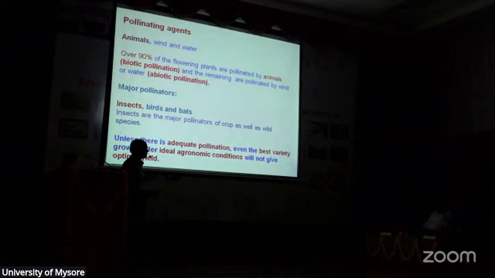And apart from that, wind and water bring about pollination in a small proportion of plants. Now, the major pollinators among animals are the insects, birds, and bats. Amongst these three groups, insects carry out pollination in a large number of species.